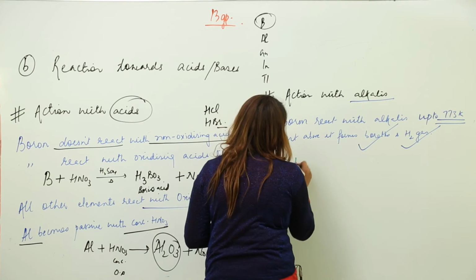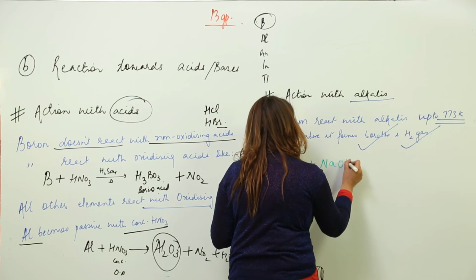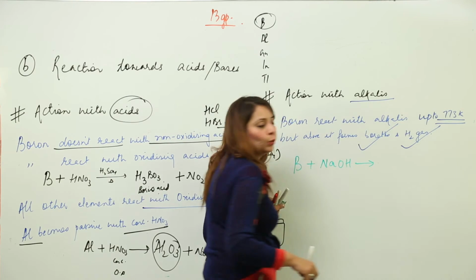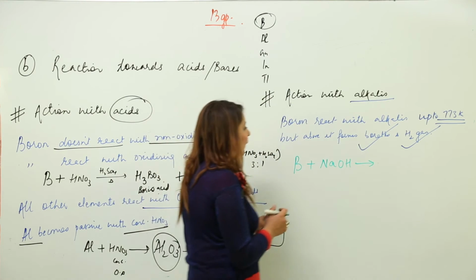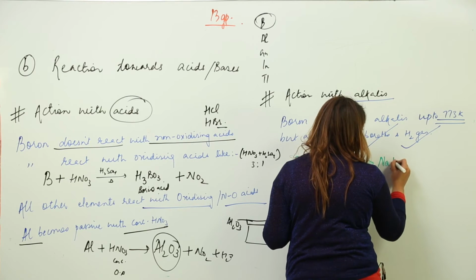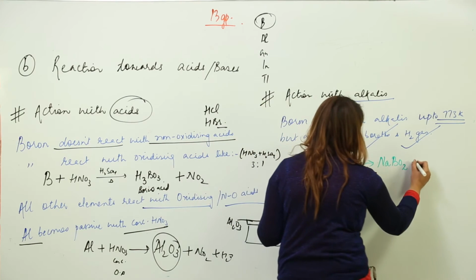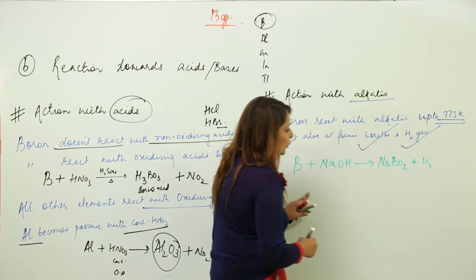This is our boron, and we are going to react it with an alkali. Let's take caustic soda, that is NaOH. It is going to form its borate, NaBO2, that means sodium metaborate, and along with that we will see hydrogen gas also.